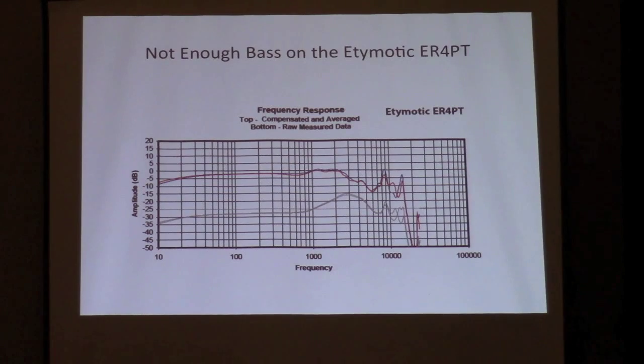On the other hand, Automotive, these guys are real good technically, and they have a pretty fine shape on the top end of this thing for a single driver balanced armature, but there's no bass boost, and they like it that way. I wish they didn't, because they do things so well.